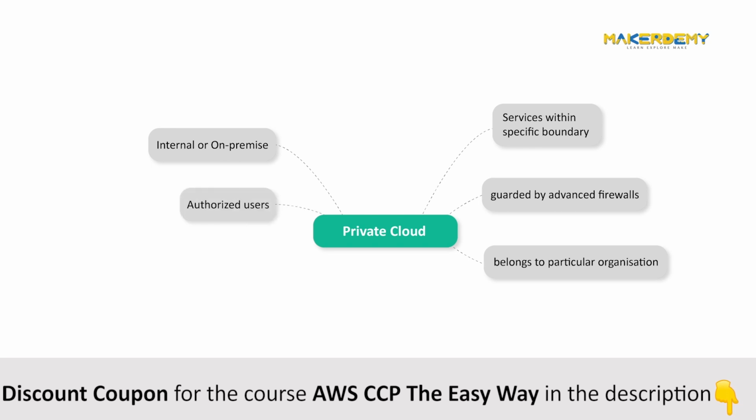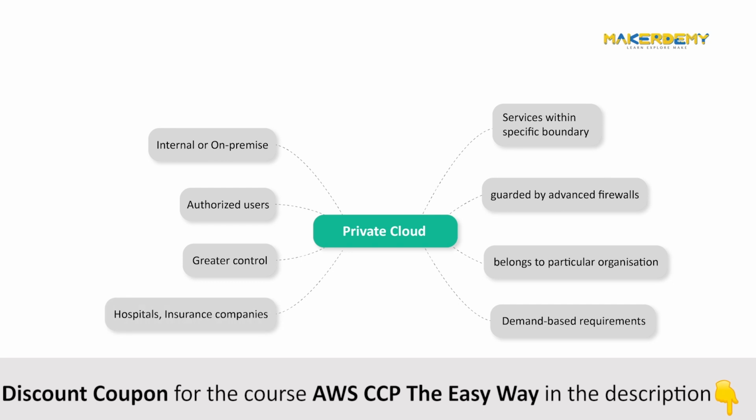Private clouds permit only authorized users, providing the organizations greater control over data and its security. Business organizations that have dynamic, critical, secured, management demand-based requirements typically adopt private cloud. Public sector organizations with super sensitive data such as hospitals, large enterprises with heavy regulations such as insurance companies are some of the classic users of the private cloud.